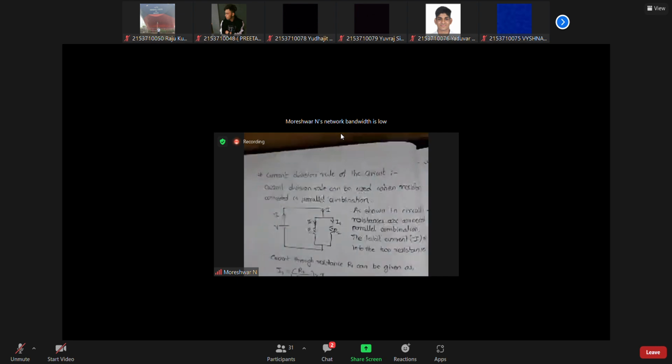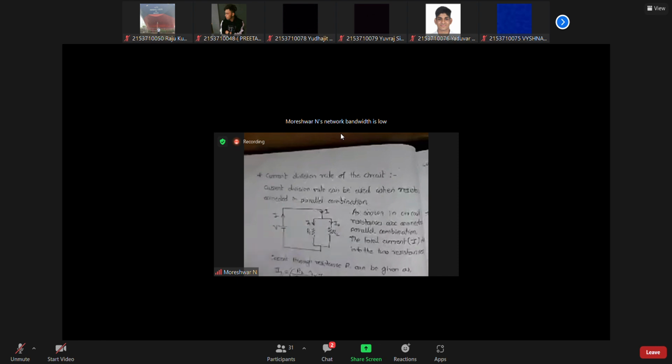Normally when resistances are connected in parallel, that time current is divided. So this is I1 and this I1 is divided here in two branches, I1 and I2. So if I want to calculate this individual current, I1 or I2, how can I calculate this? For that, there is also again one formula for calculation.